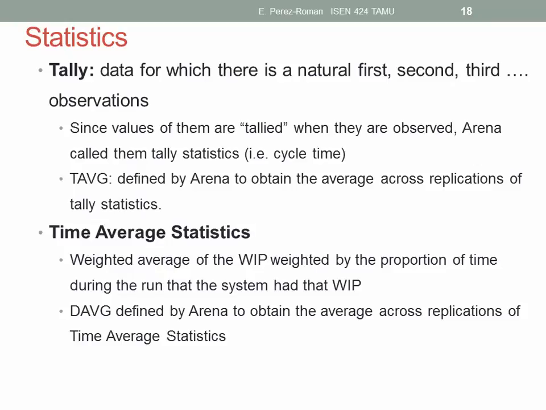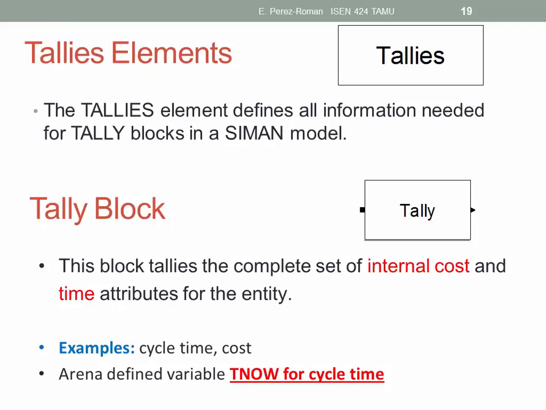Okay, so that's the major difference between these two. Any questions? I think this is going to make more sense once we start applying it to the simulation model. But for now, we talk about tally and tally statistics.